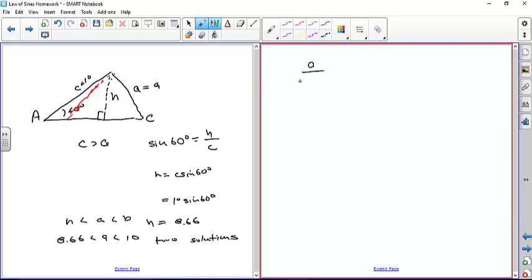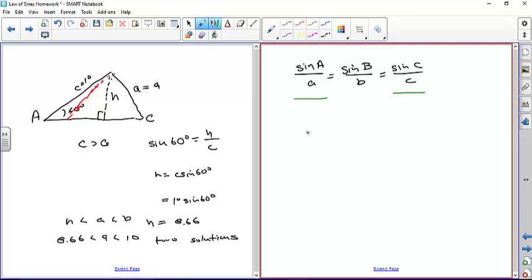You have the sine of A over A is equal to the sine of B over B, which is equal to the sine of C over C. I always get them the wrong direction here. So we have angle A, and we have side A. So we'll use this one to find angle C. But there are two solutions for C. There's one that's an acute angle, one that's an obtuse angle.